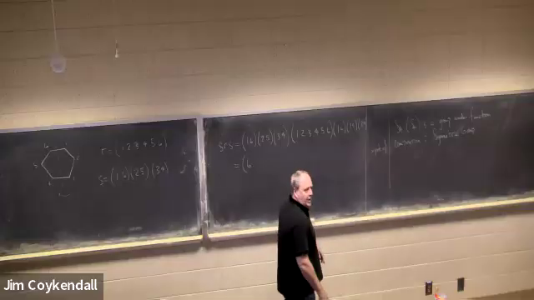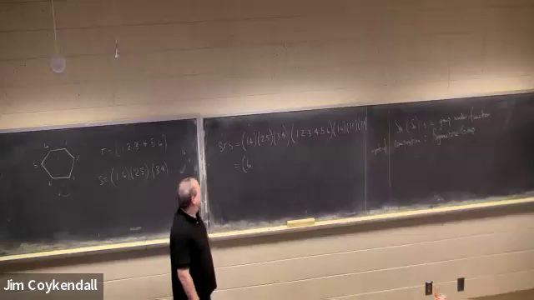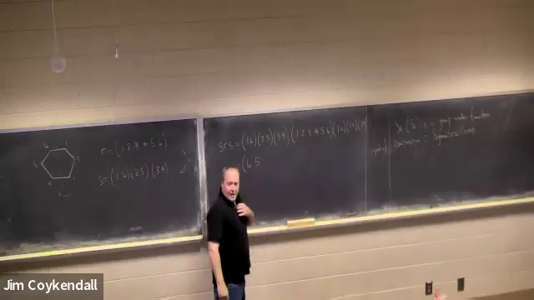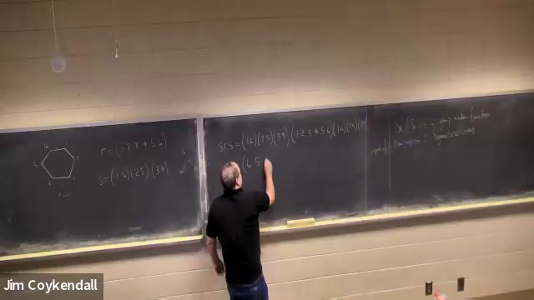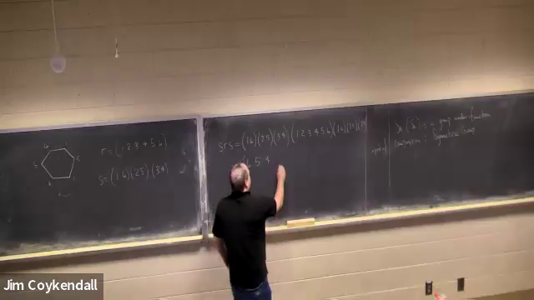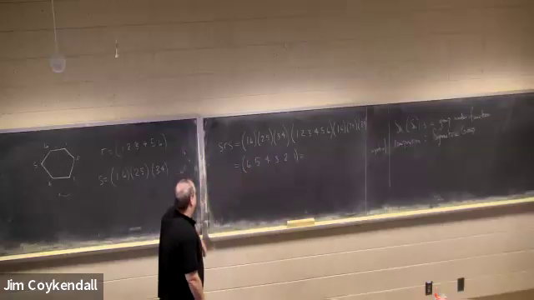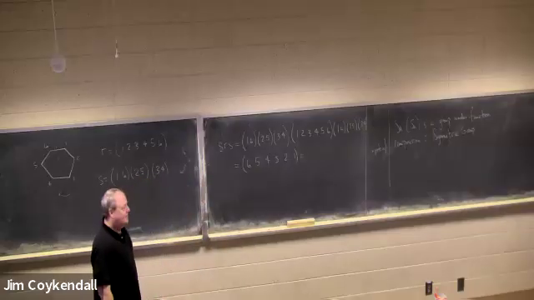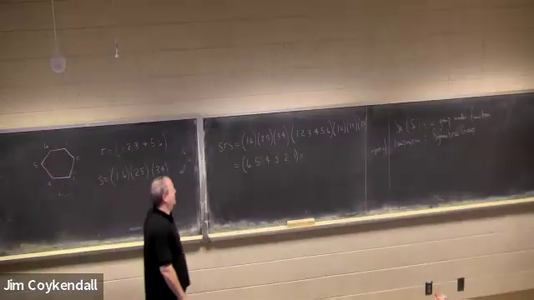Where did 6 go? Good. It goes to 5, doesn't it? 6 goes to 1, then to 2, then to 5. 5 goes to 4, 4 goes to 3, 3 goes to 2. So if I rotate and flip, what happens? I rotate it backwards. So this is our inverse.